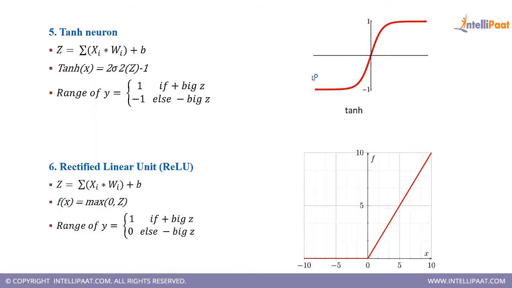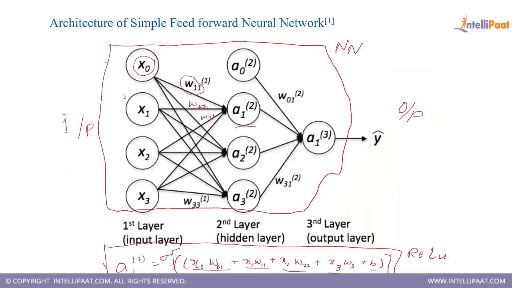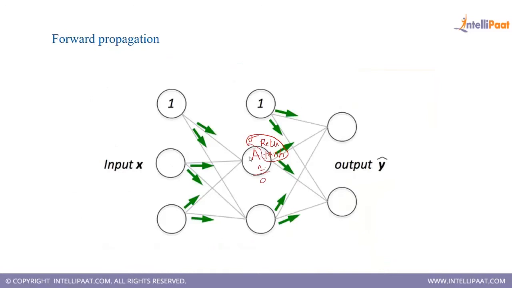Given the z value computed from the summation of all those, if it is positive, the value turns out to be 1, else it will be -1. If you use tanh as your activation function, it can be in the range of -1 to 1.